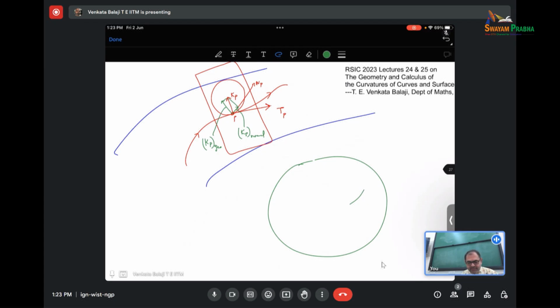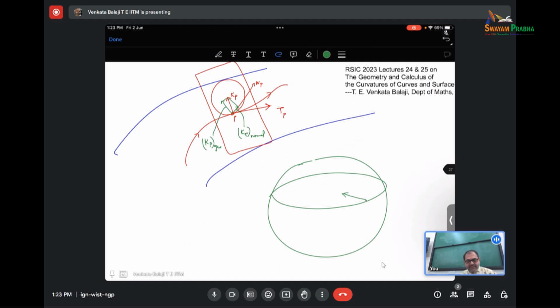If a circle is not a great circle, it's going to be like this, right? And for this circle it's very easy to understand. What will be the curvature vector? Because it's a circle, the curvature vector will always point towards the center of the circle.